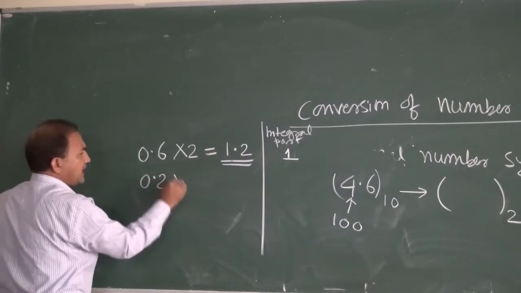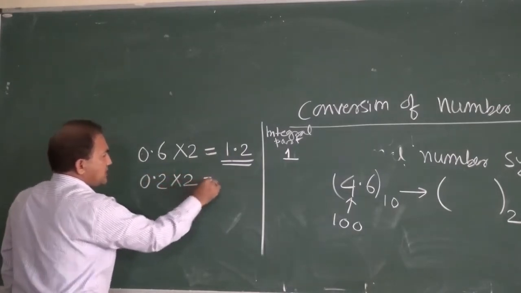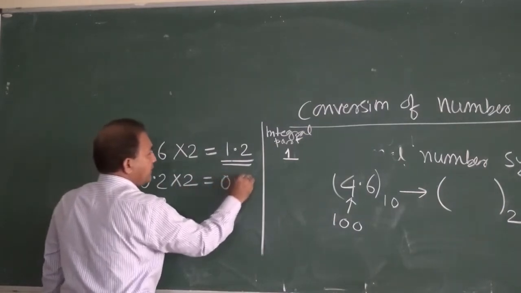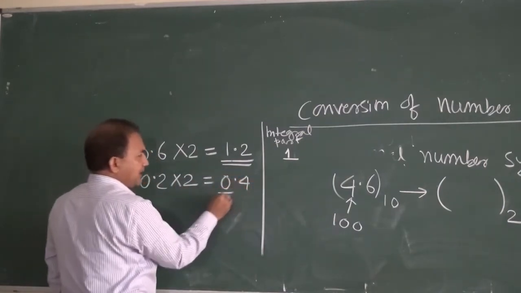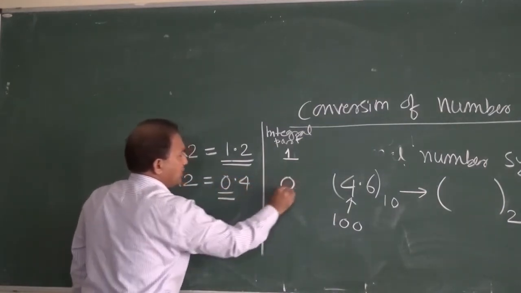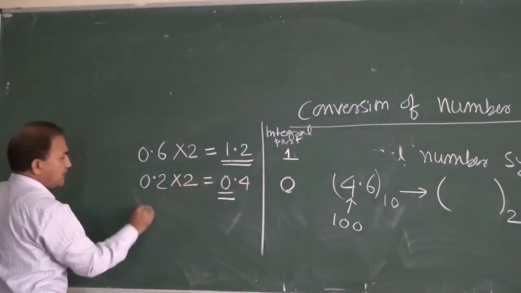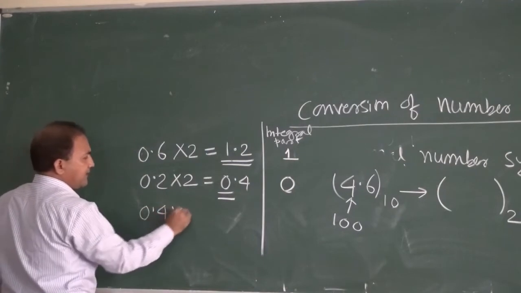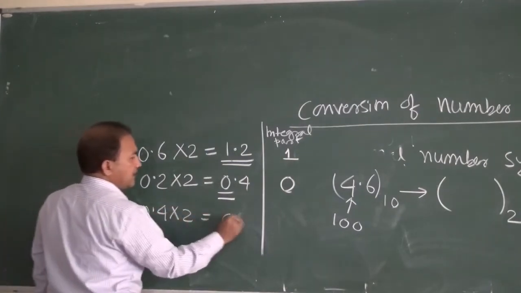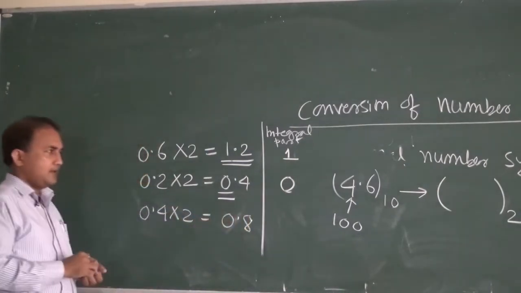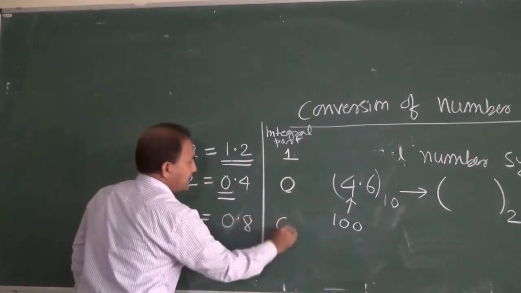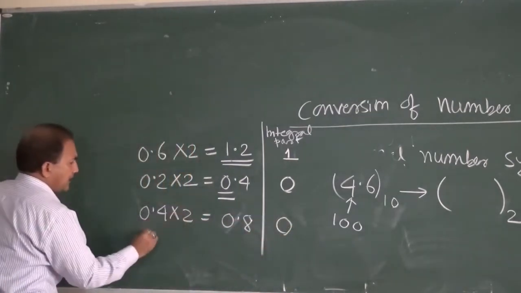So again 0.2 you have to multiply by 2. So it is 0.4. Take the integral part; it is 0. Again 0.4 multiplied by 2 is 0.8. Again take the integral part, 0.